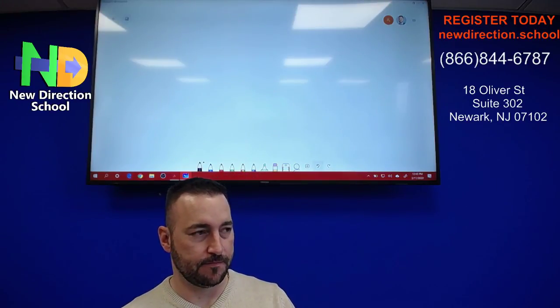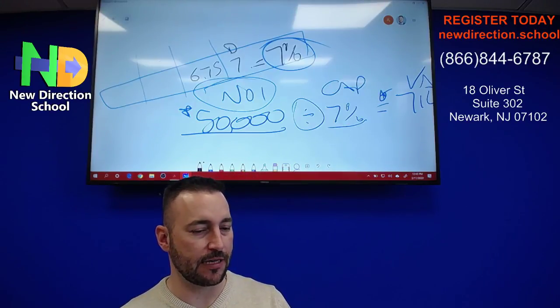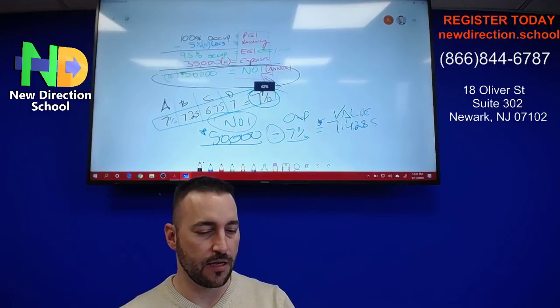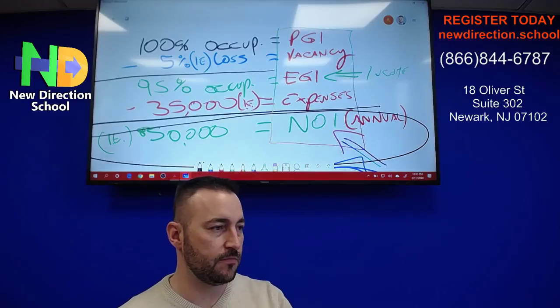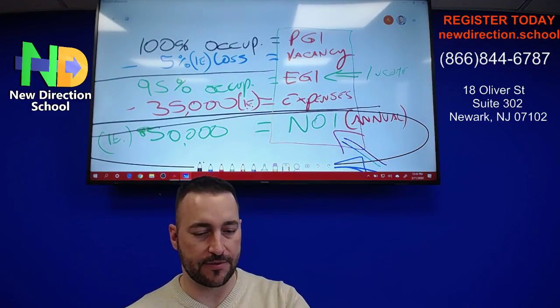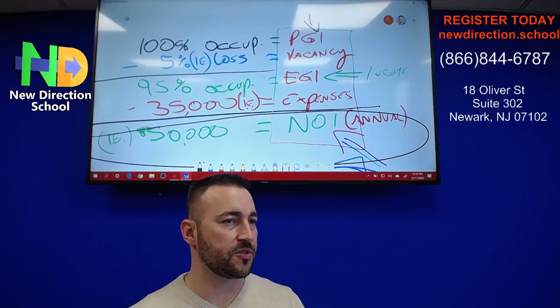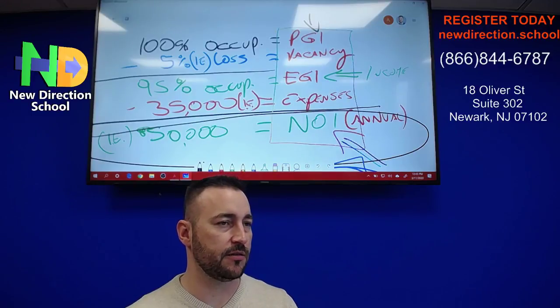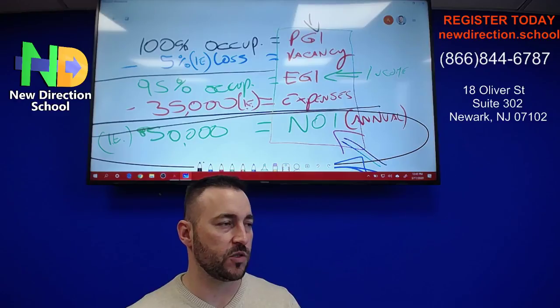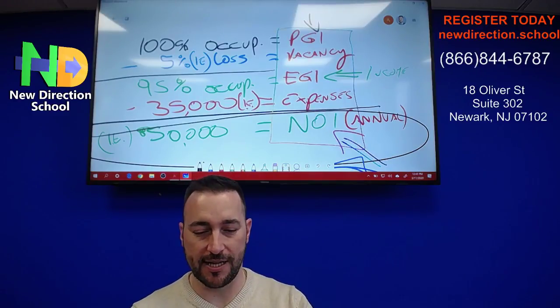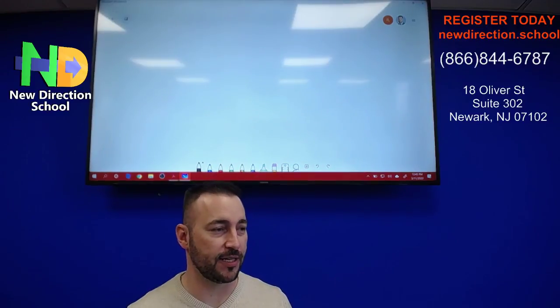It'll be a lot easier once we do the actual math. The NOI is these steps right here: 100% occupied minus vacancy minus expenses, NOI. So it's actually easy once you apply it. Right now, difficult, but once you apply it, it's easy.